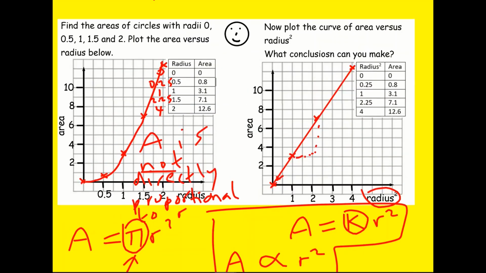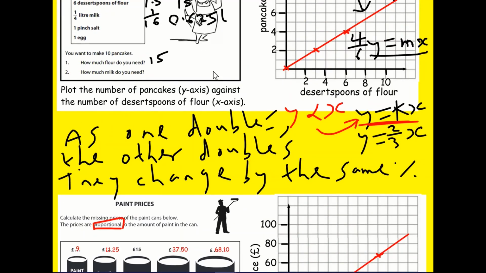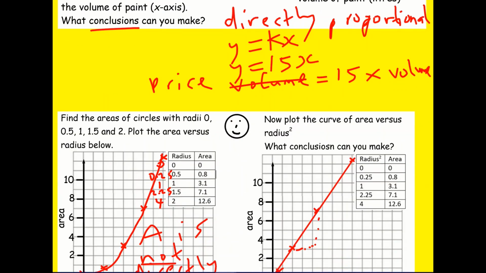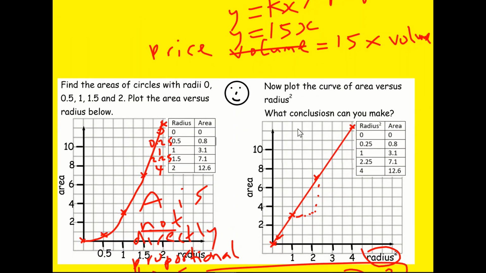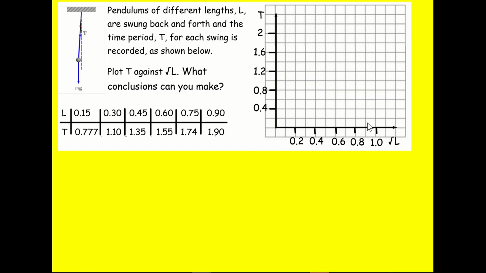All right, brilliant. So we've looked at two situations where we just get a nice straight line by plotting one thing against the other. And then we've looked at a slightly trickier one where it didn't, but then if we plot it against r squared, it does. In this final example, we're going to look at the idea of a pendulum.